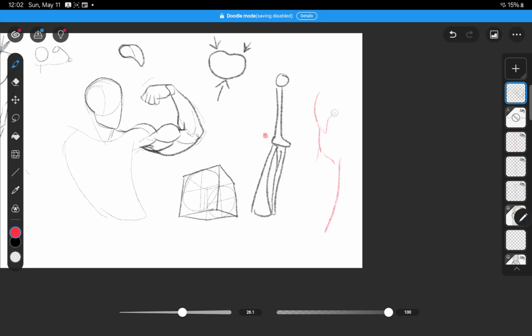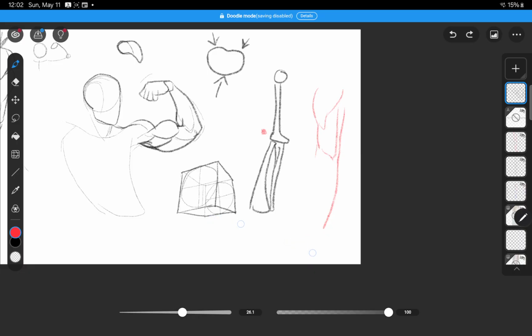Whenever you're seeing an arm at rest, there you go. Okay. It's not just that this is higher, but this is also more forward. So yes, okay.